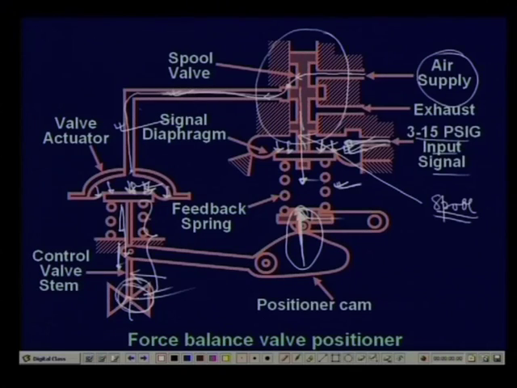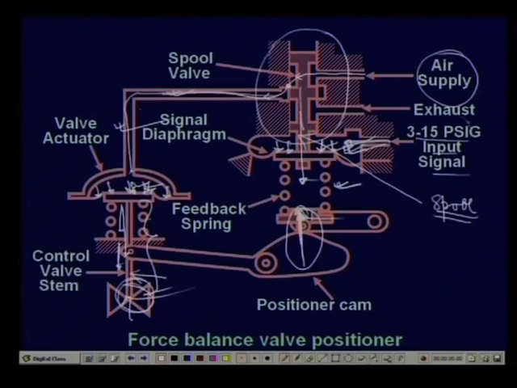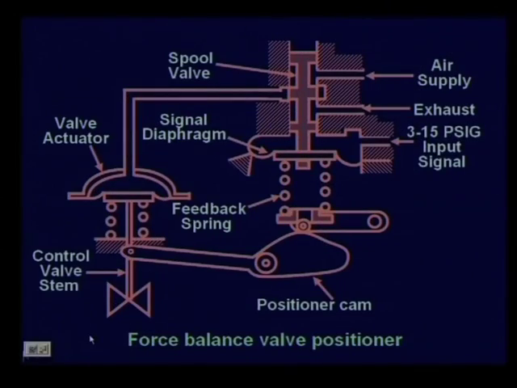So, the final displacement is always invariant, irrespective of whatever is the force on this stem. In this way you achieve a particular stem position for a control input signal. It does not depend on the plug force, because of closed loop control. Such a thing is called a valve positioner. There is just one mechanism which we have shown; there are various other mechanisms, such as flapper nozzle based mechanisms.